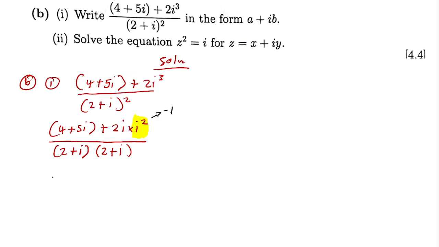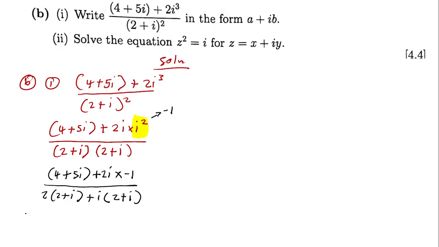So what you are going to say is 4 plus 5i plus 2i times -1 over, down there, 2 open bracket 2 plus i close bracket plus i open bracket 2 plus i.